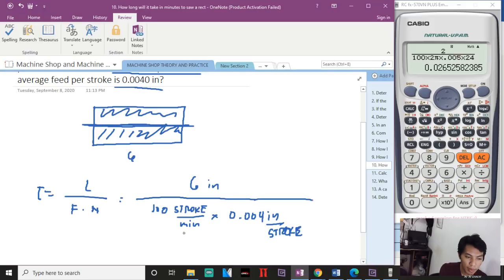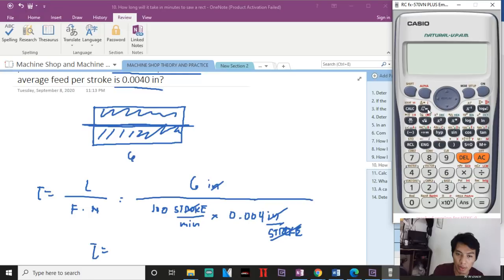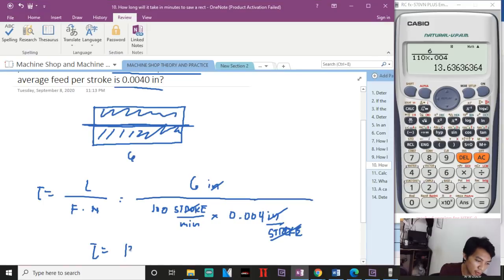The strokes and inches cancel, and what remains is minute, which goes on top. Time will be equal to, machine shop is very easy if you know how to imagine, 6 over 110 times 0.004. That is 13.64 minutes.